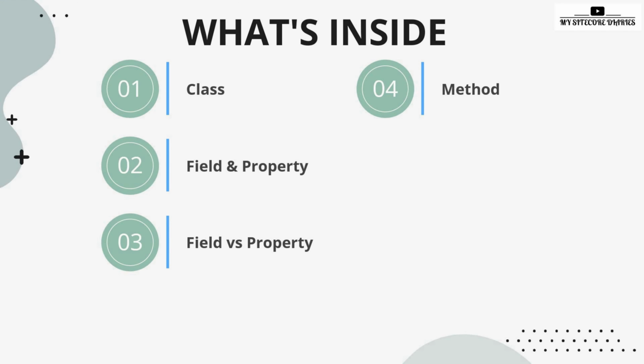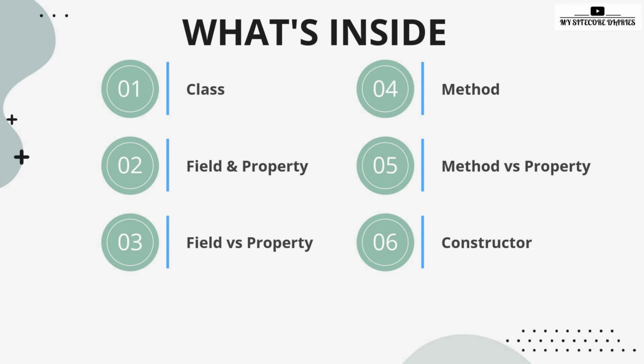What are the methods? Then the difference between method and property. Then we will see a constructor. What is constructor? And at the end, I have added additional information. So I will try to cover a few questions which can be asked in the interview. I have collected those in the last section, which are related to field, property, and methods.